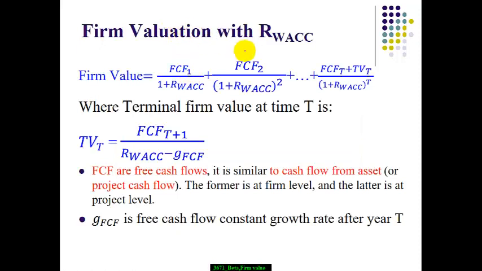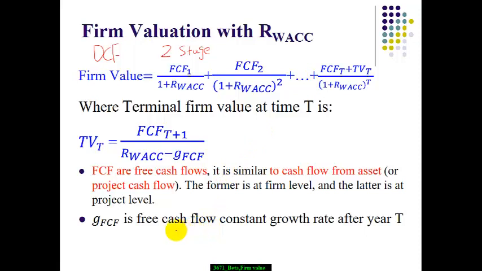Next, we're going to talk about the application of the WACC. How do we use WACC to find a simple firm value? We're going to use a discounted cash flow model. We assume it's two-stage. In stage 1, the company has a few years of free cash flow.